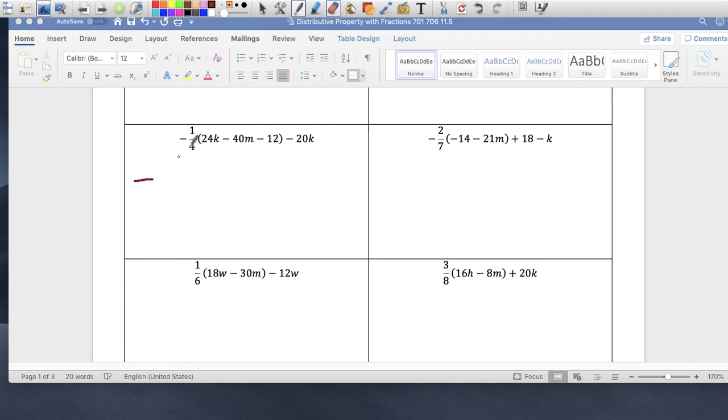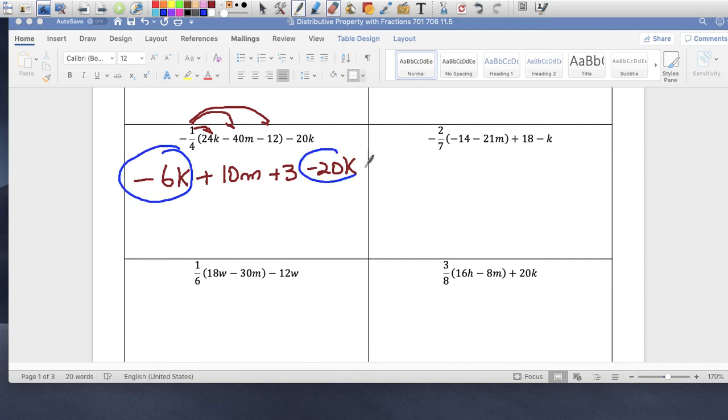Negative times a positive is a negative. 1/4 of 24 is 6k. Negative times a negative is a positive, and 1/4 of 40 is 10m. Negative times a negative is a positive, and 1/4 of 12 is 3, minus 20k. Can I combine any like terms? I can. I can combine this fellow over here with this fellow.